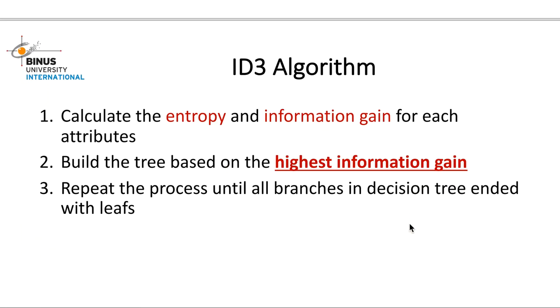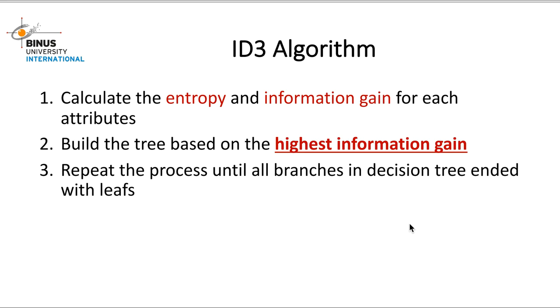How does the ID3 algorithm work? First, we need to calculate the entropy and information gain for each attribute. These two metrics we're going to use in this algorithm. The next step is to build the tree based on the highest information gain. Then we repeat the whole process until all branches in the decision tree end with leaves.